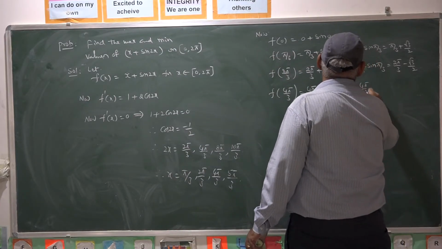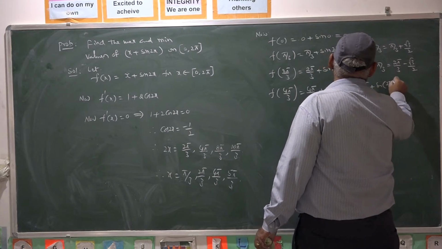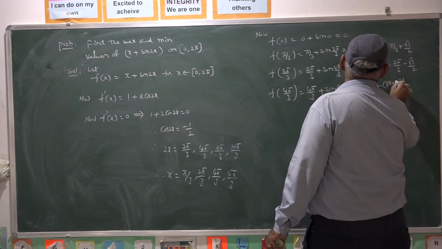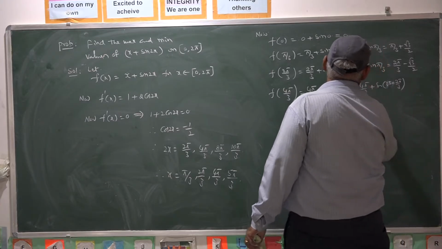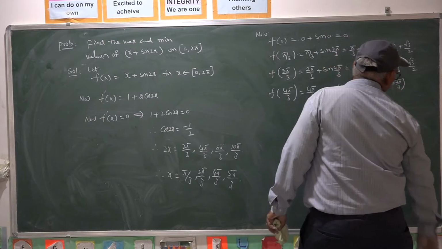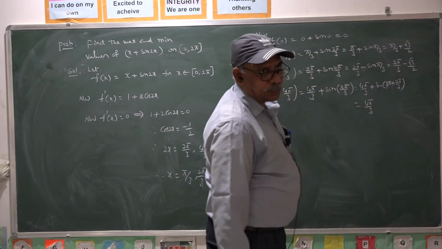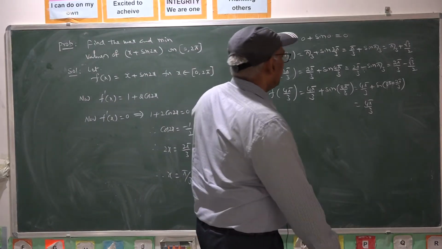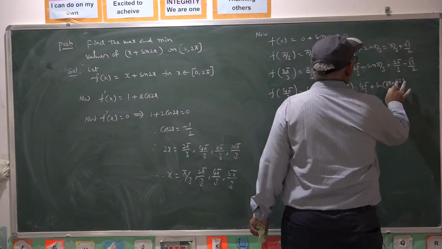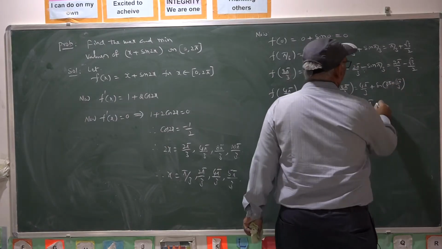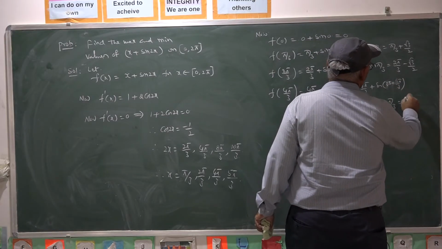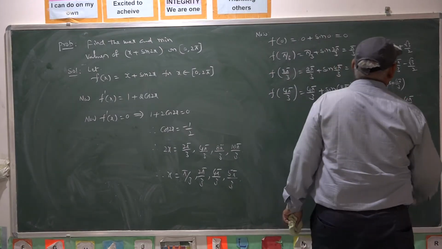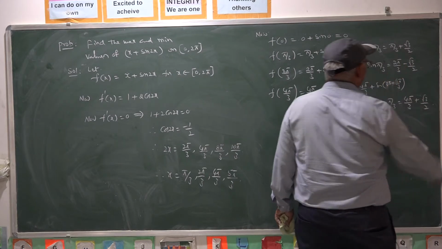That is 4 pi by 3 plus sine of 2 pi plus 2 pi by 3, or 3 pi minus pi by 3, which gives us positive. 3 pi minus pi by 3 falls in the second quadrant. So this is sine pi by 3 itself. So 4 pi by 3 plus root 3 by 2.